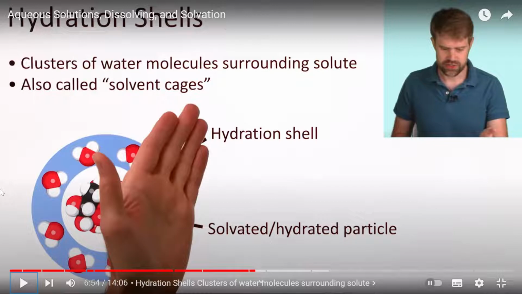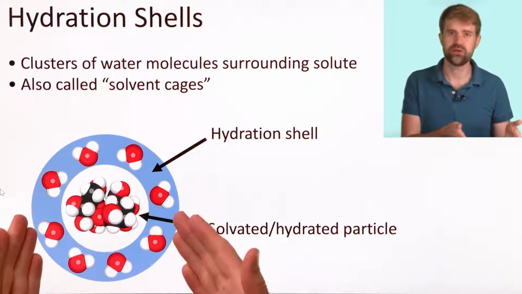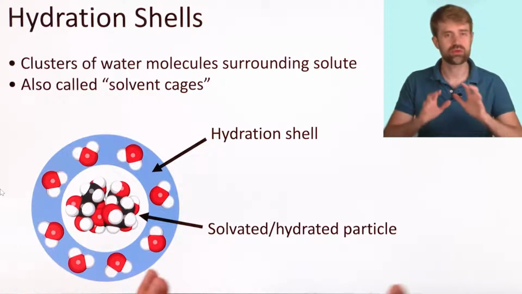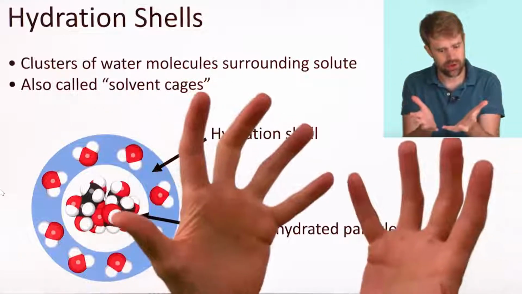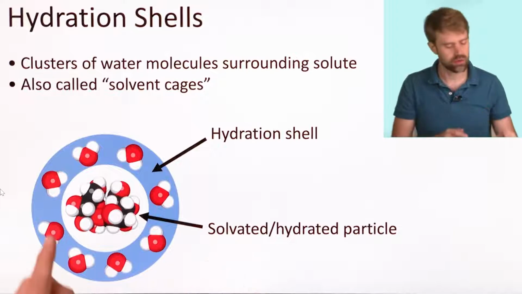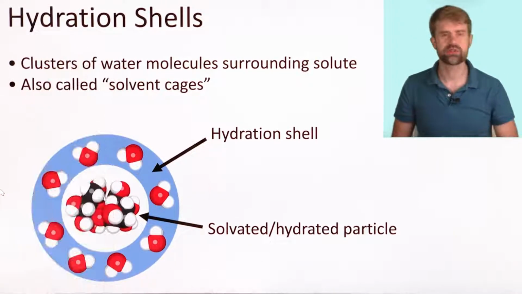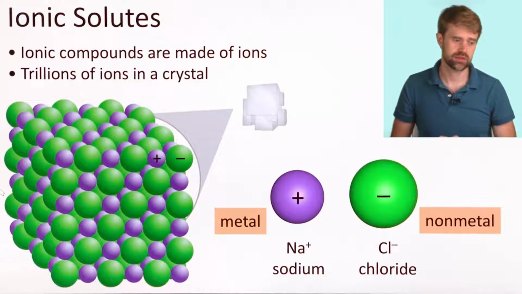The concept that you have this surrounding solvent around the solute. They make this little cage or shell around the solute. Just keep in mind that they surround the entire solvated particle. So they're actually in 3D, right? Even though we're just drawing them in 2D. So that's hydration shells, solvent cages.